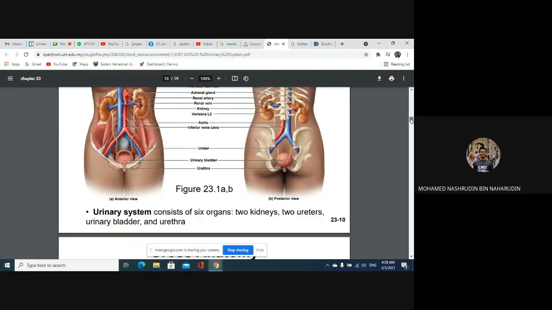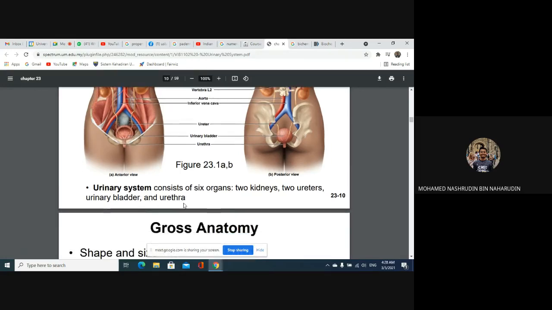So the urinary system consists of 6 organs: 2 kidneys, 2 ureters, the urinary bladder, and the urethra. These are the main 6 organs in the urinary system.